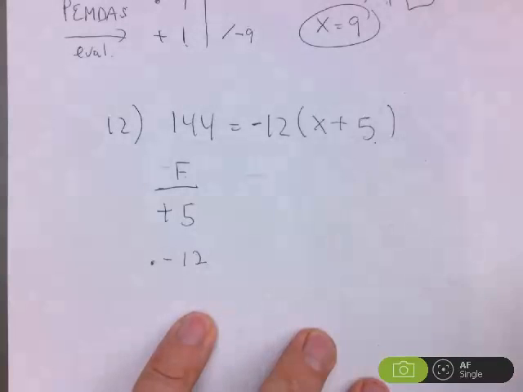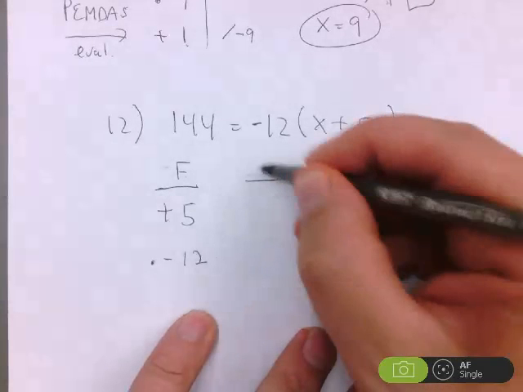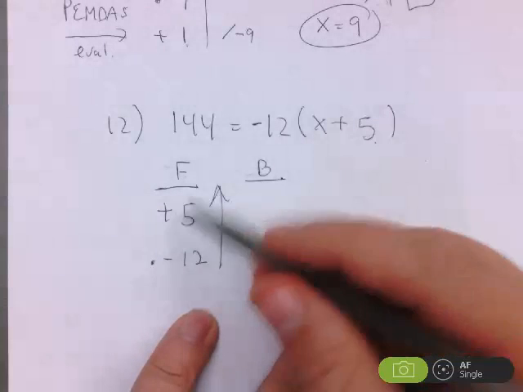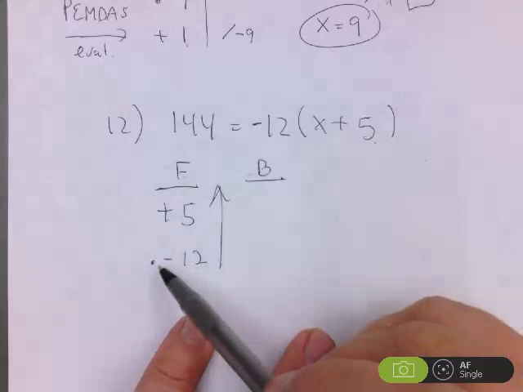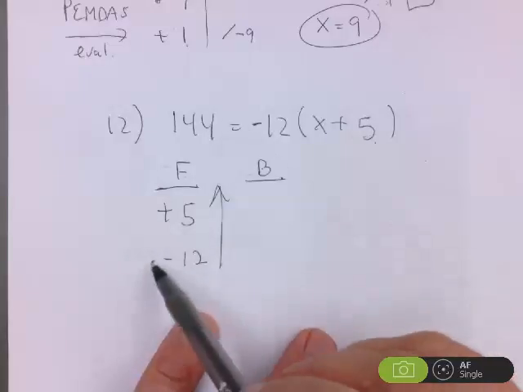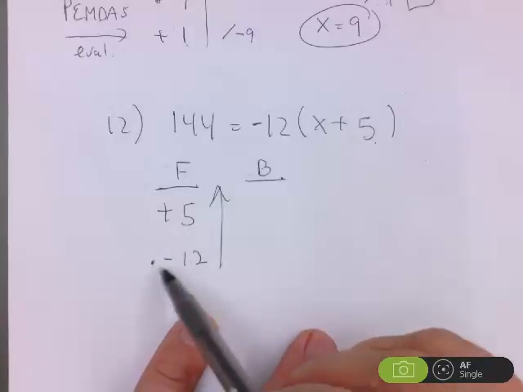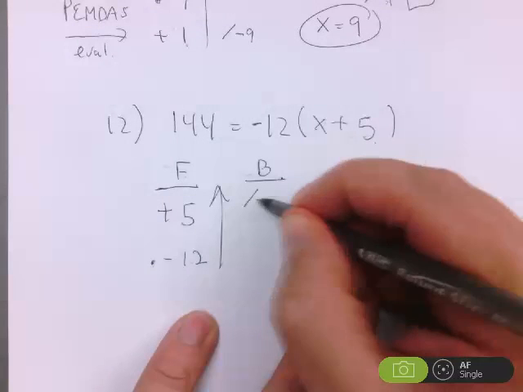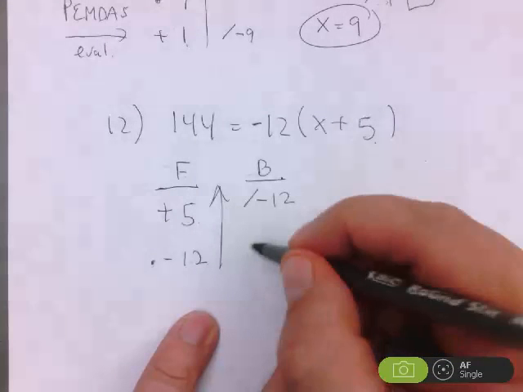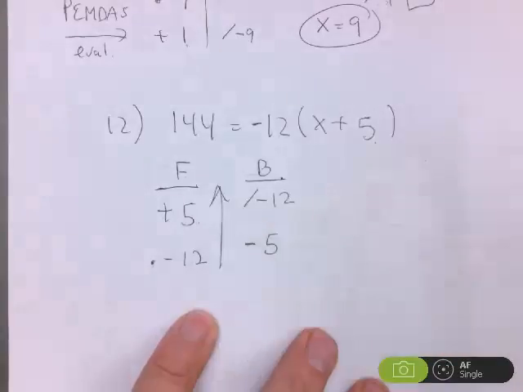Now for my reversing, I'm going backward. I'm going up the list and using inverse operations. Be careful, you're flipping the operator. You don't want to change the value of the number. This was times negative 12, so I want to make it divide by negative 12. And this was a plus 5, so now I want to subtract the 5.